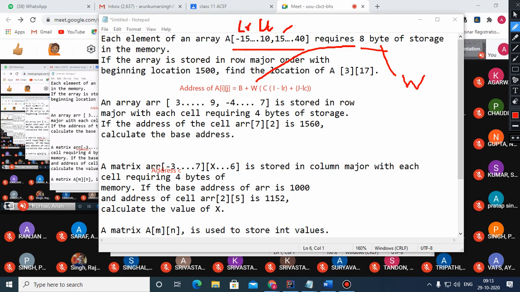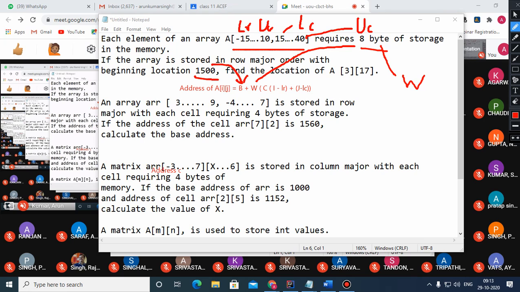This is the lower limit of the column, 15, which is LC, and this one is the upper limit of the column, which is UC. And now here you can see that the beginning location is 1500. So children, base address is the address of the very first element of the matrix or array. So the beginning location is this base address.